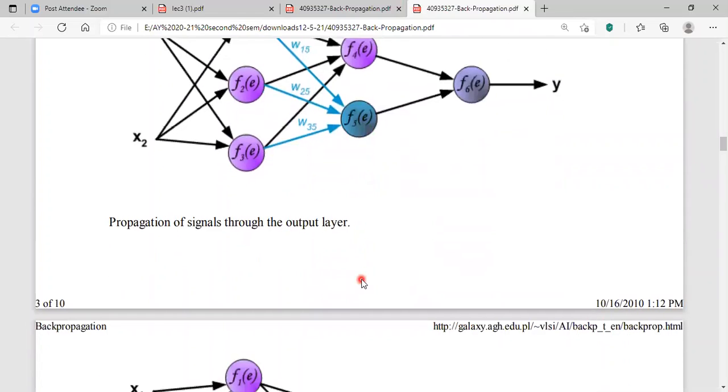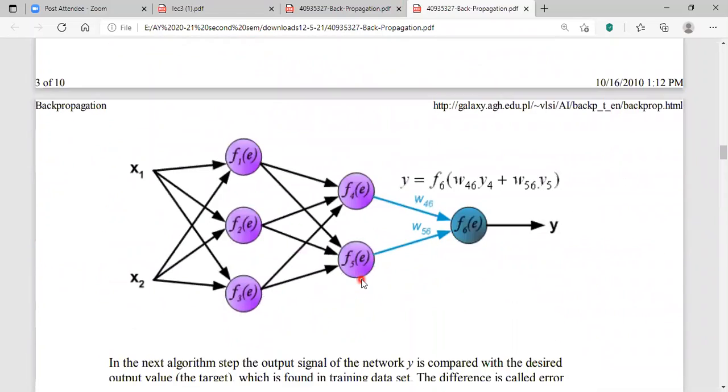Similarly, you need to propagate to the output layer. Again, here you need to consider the hidden layer as your input signal. So W46 into Y4 plus W56 into Y5. That is your Y value.